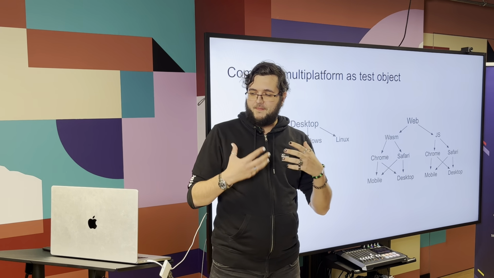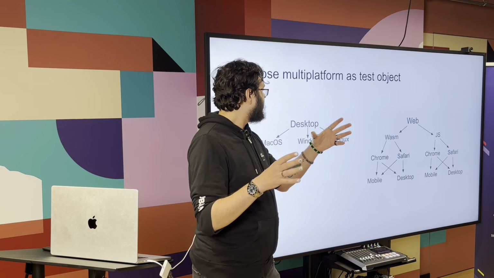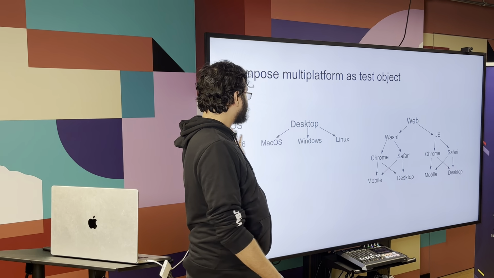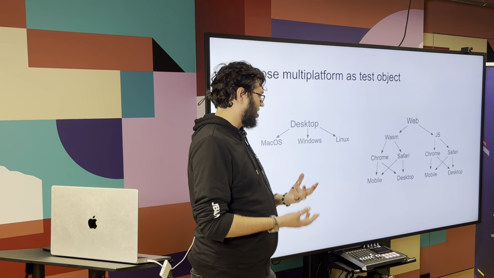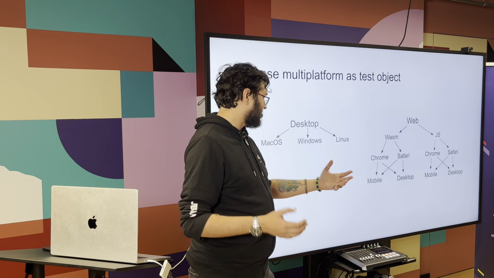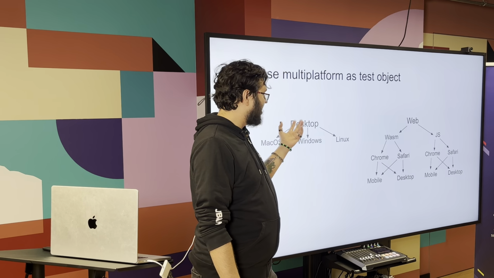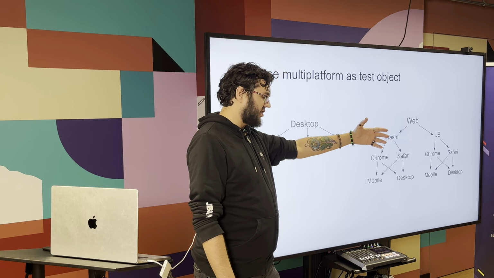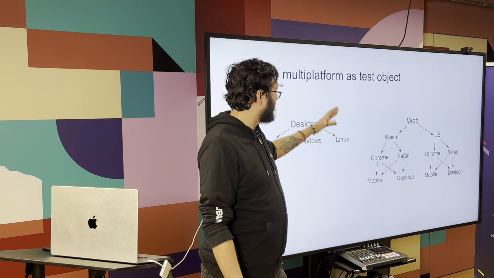So what is Compose Multiplatform as a test object? We have 3 main platforms: iOS, desktop, and web. But for iOS, we have to support a lot of versions, from 13 till 26. For desktop, we have three different operating systems: macOS, Windows, Linux.